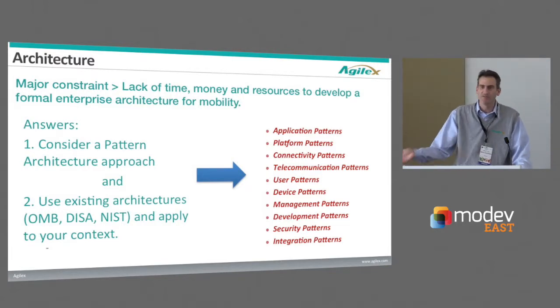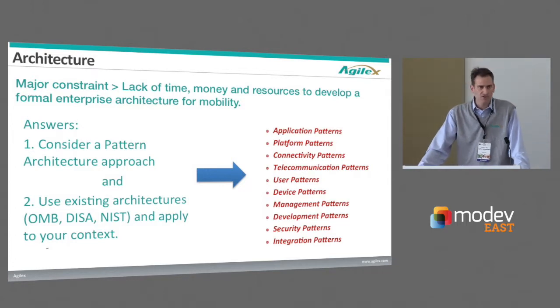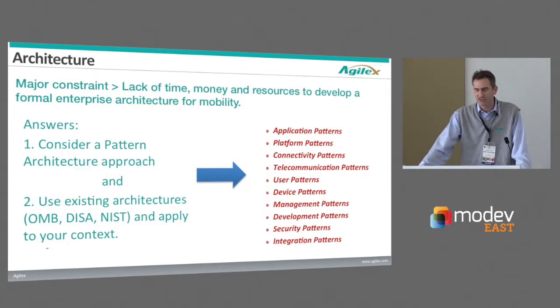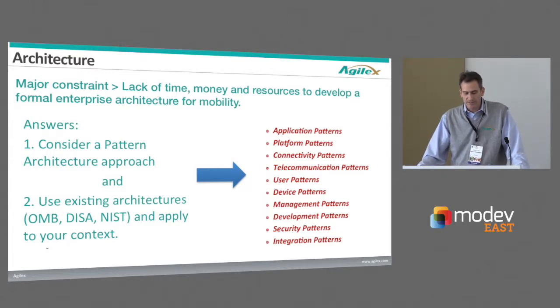They're like, just do it in 6 weeks, do it in 8 weeks, just hurry up and get it done. And there's not a lot you can do about that at times. To do a formal architecture takes a long period of time. So the question becomes, how can we deliver something that's of value to the customer in a condensed time frame? And there's a couple of approaches.